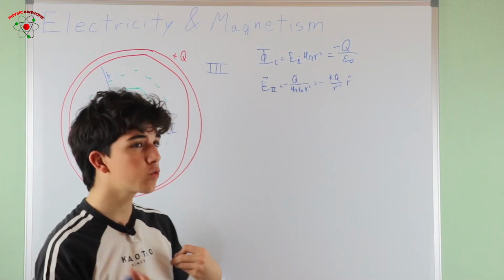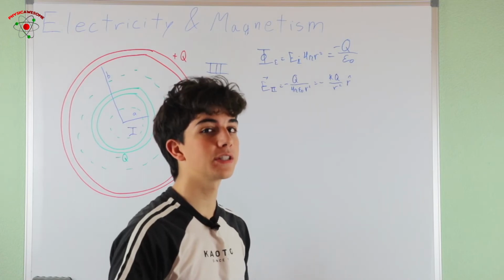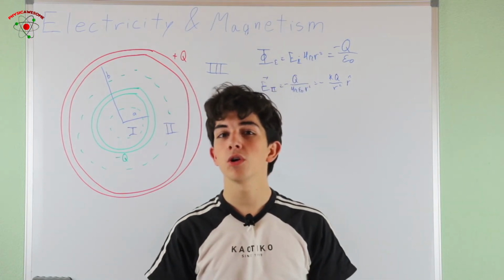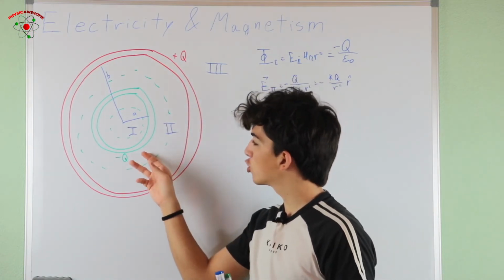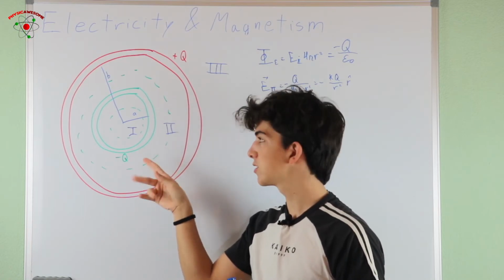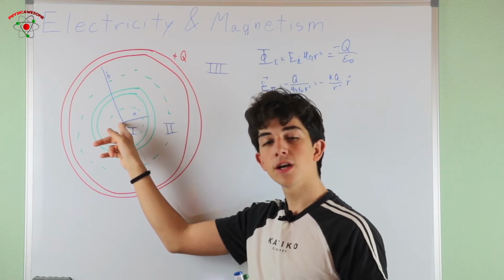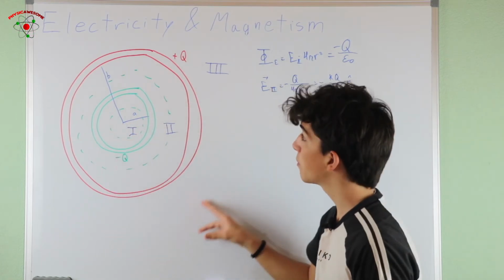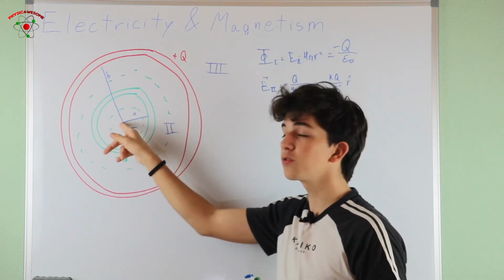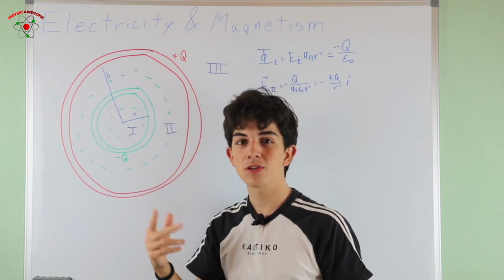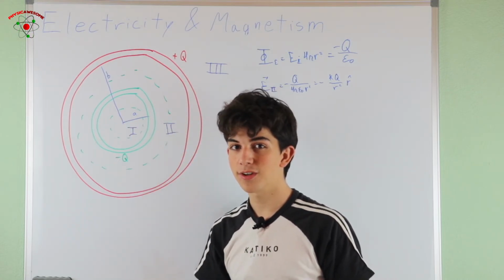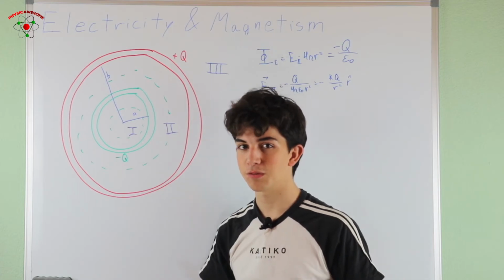Therefore, now we can try again to guess what happens in region 3. We know we are going to have a contribution from a point charge of minus q at the origin, and a contribution from a point charge of plus q at the origin. Therefore, the total charge is going to be 0, and we are not going to have any contribution.